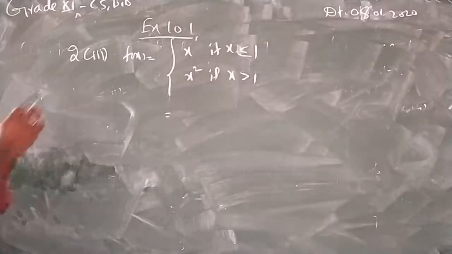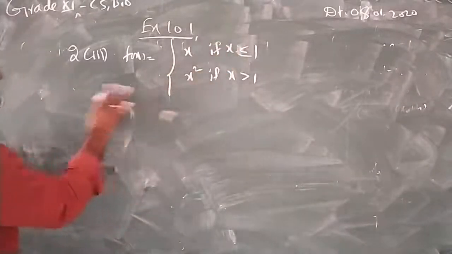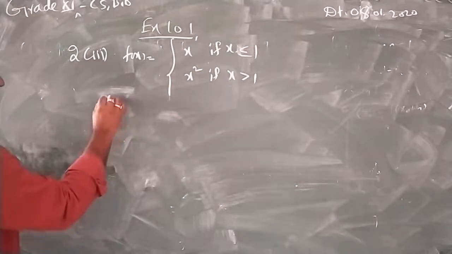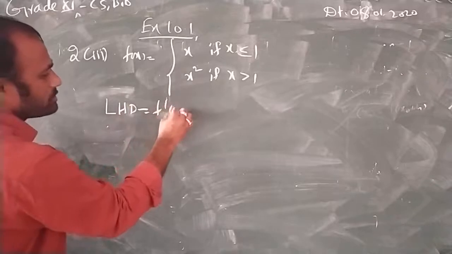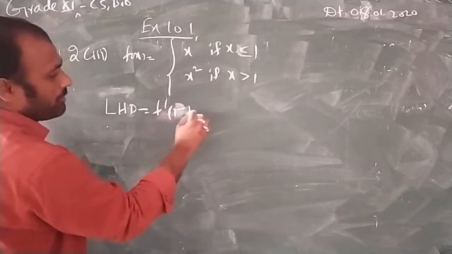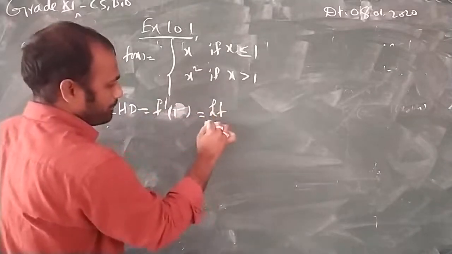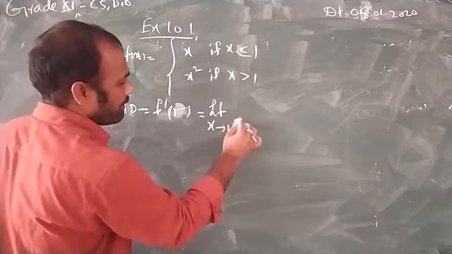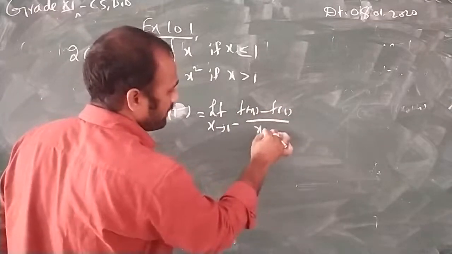In the same way, we are doing the third question. It is asking whether the function is differentiable at 1. So let us find out first the left hand derivative, that is f dash of 1 minus. So limit x tends to 1 minus f of x minus f of 1 divided by x minus 1.